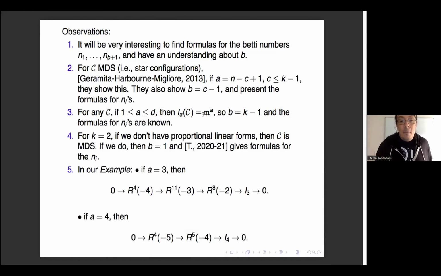And so the current project of Ricardo, you, and I is to figure out these Betti numbers, for which at this moment we don't have any formula. When A is n minus 1, this is known already.